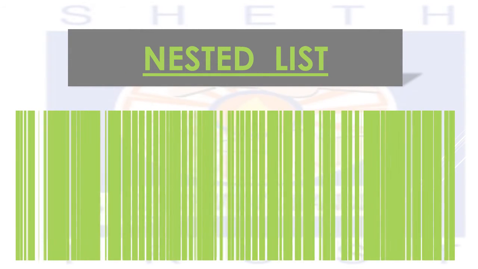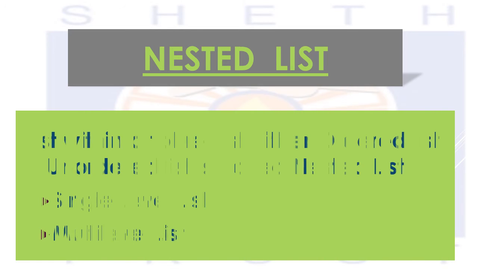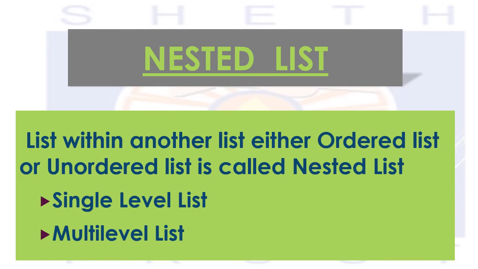The next type of listing is called nested list. Nested list is very important, because we are giving headings, then subheadings, then inside the subheadings again we have certain types of numbering or bullets. That is called a nested list. Nested list means inside the list there is again a list, a list within another list, either ordered or unordered, is called a nested list.